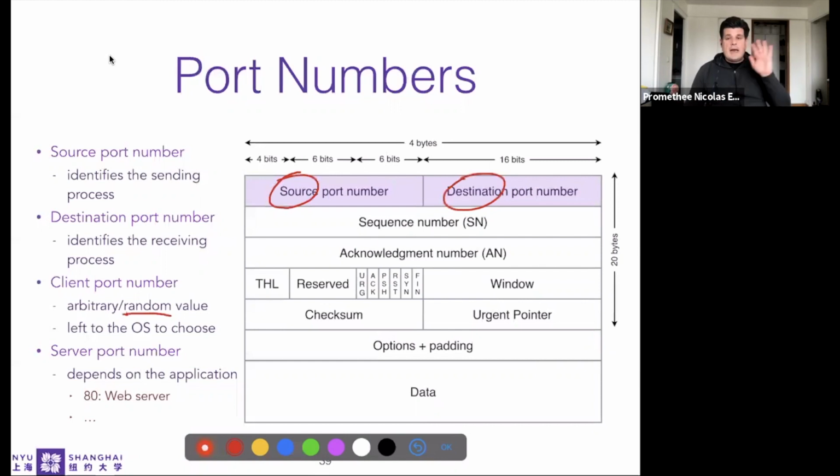When you use any other kind of application, the value that you use as a client is a random value, and usually it should be larger than 1023 because it's not a reserved one. Usually when you design an application, you let the operating system choose that value. On the server side, if you send your TCP, so it should be a SYN properly, you use the well-known port numbers that identify the service.